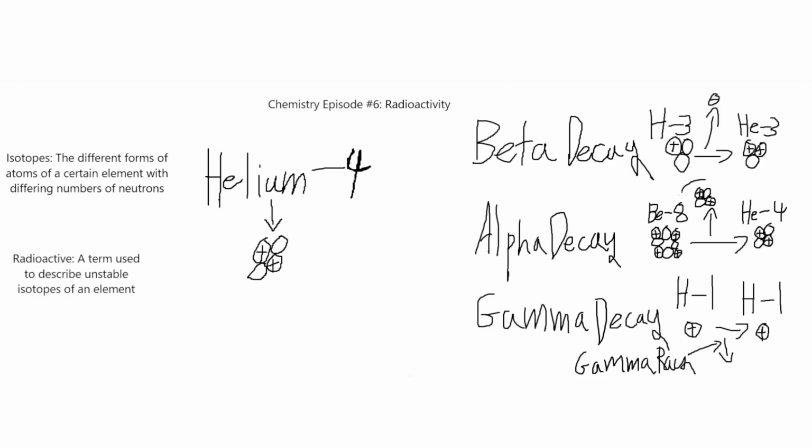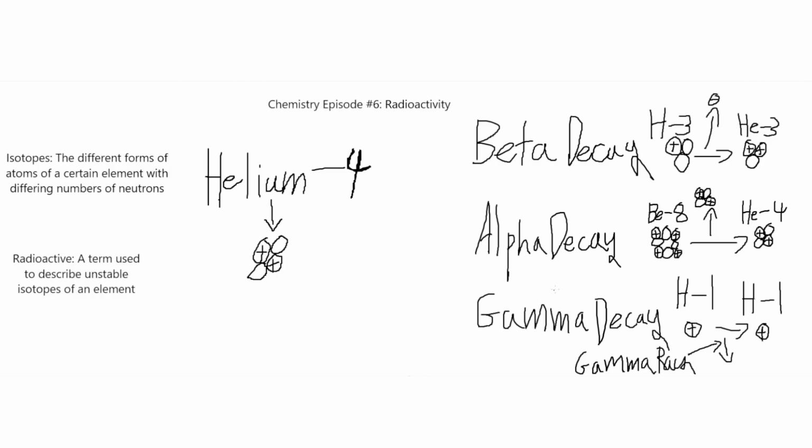In this case, 2 alpha particles are released because when beryllium 8 releases the alpha particle, it becomes another alpha particle, helium 4. But this is obviously not the case with all atoms. I just decided to pick an easier one to draw. A more complex atom would emit an alpha particle and become some other complex atom.